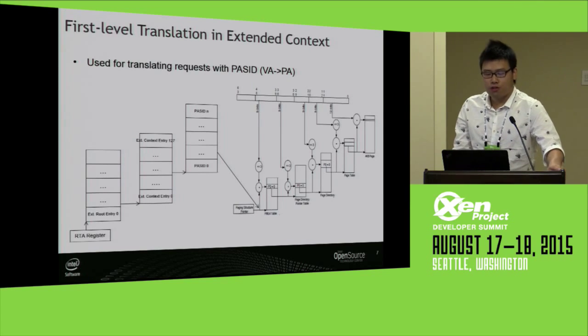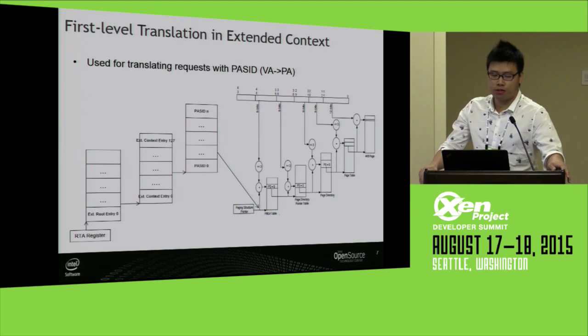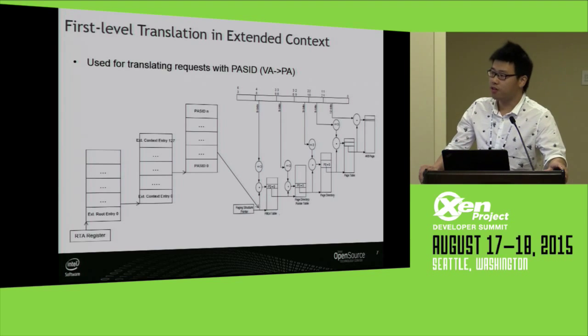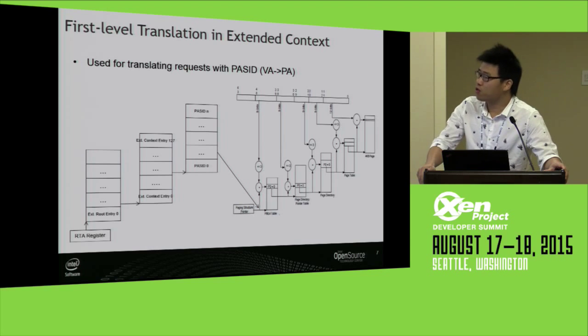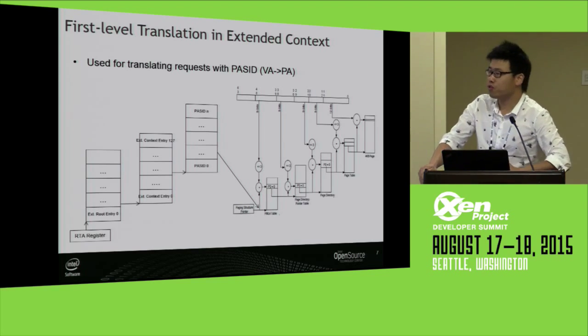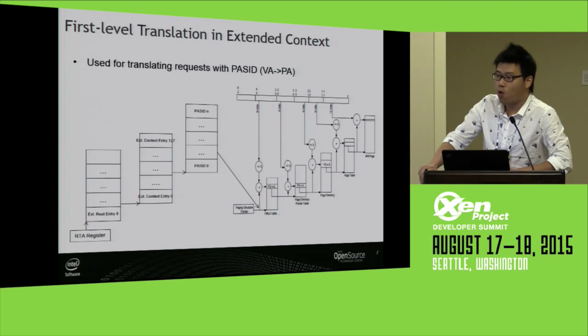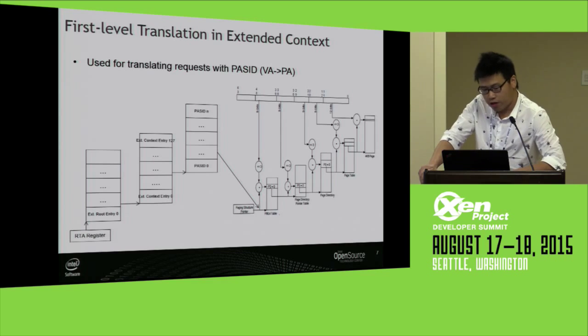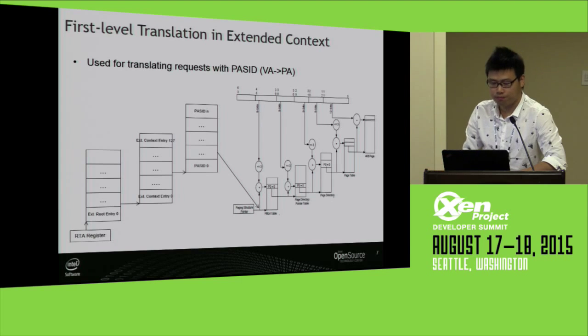Okay, this slide shows some detailed information about the first level translation in the extended context. First of all, the first level translation table is used for translating the requests with PASID. That means it is used to translate those DMA requests with the application virtual address.